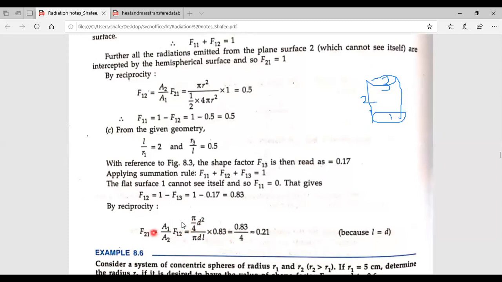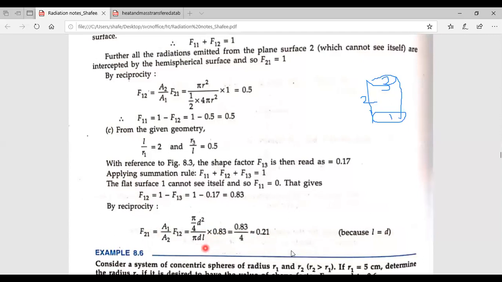Now how to find out F21? A2 F21 equals A1 F12, that's the formula I know. A1 is pi by 4 d square, and A2 is pi d L, the surface area of this cylinder. F12 I already found from the summation rule. So finally, F2 to 1 is around 0.21.